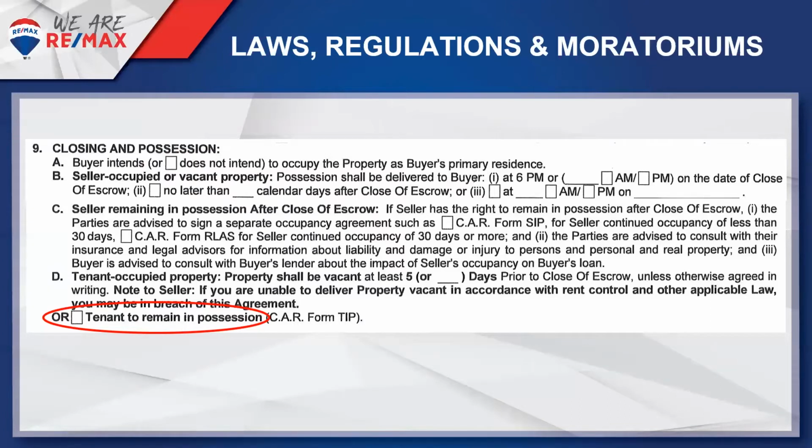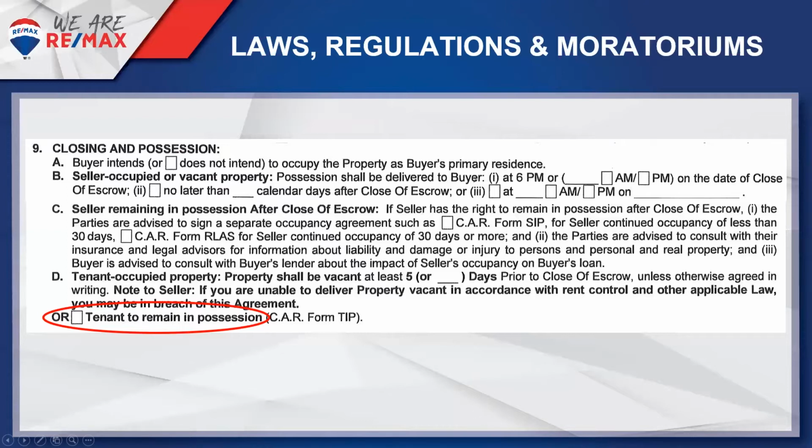If the tenant doesn't physically leave the property, it can be very difficult, time-consuming, and expensive to get that tenant out. Meanwhile, if you sold the property to a buyer who intends to occupy, then you're obligated to deliver that property vacant to that buyer, and you could be liable for any damages the buyer suffers as a result of your tenant not getting out, even though the tenant told you they were going to get out.